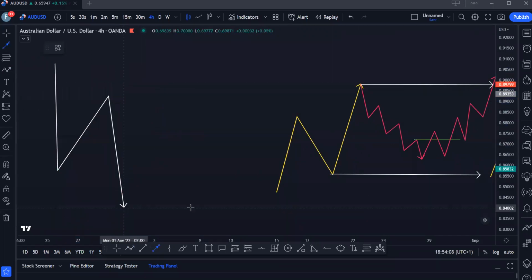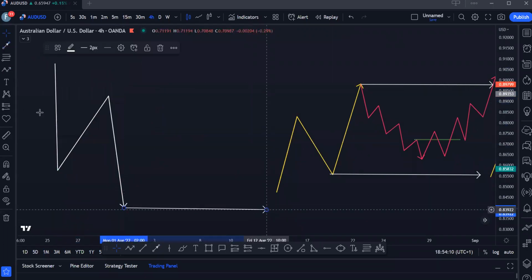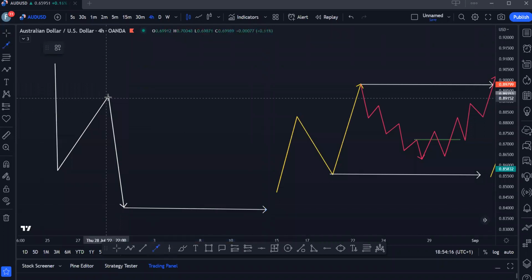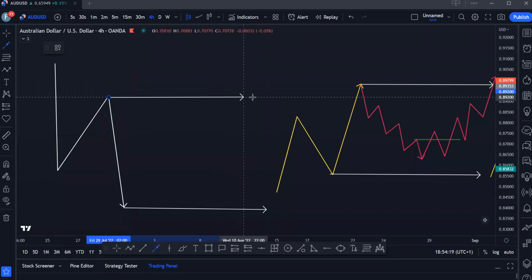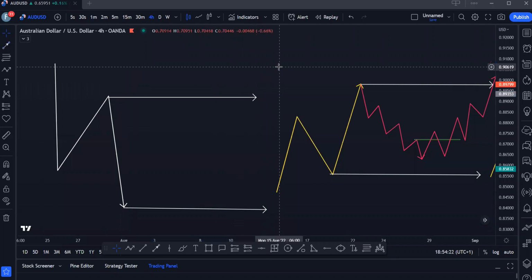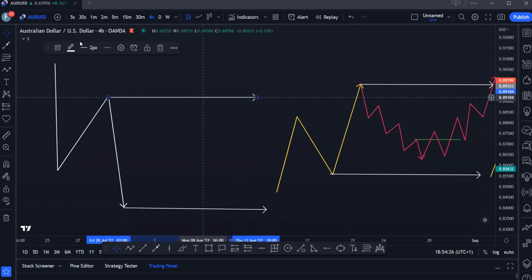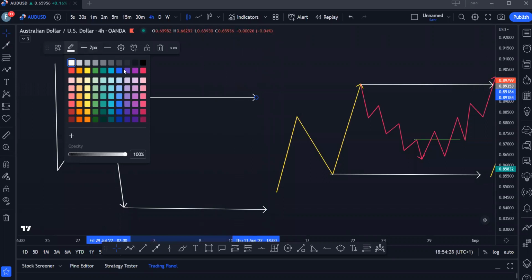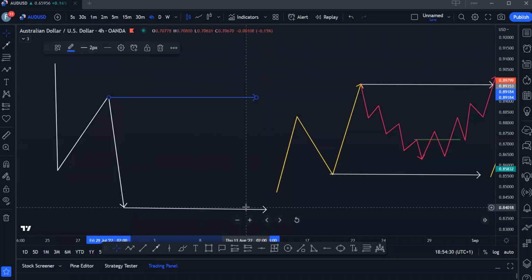This is your what? Lower low. And this is your lower high, isn't it? Now, everything that happens between your major structure is called minor structure.